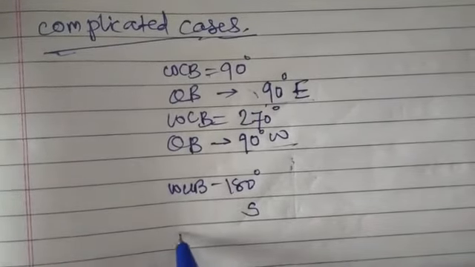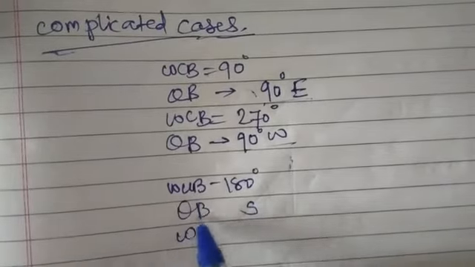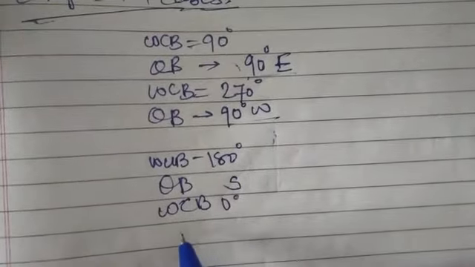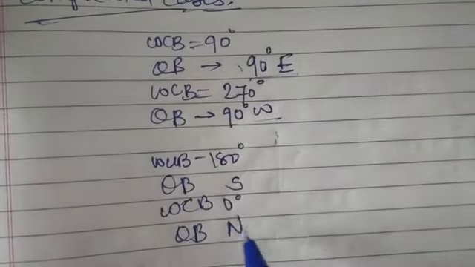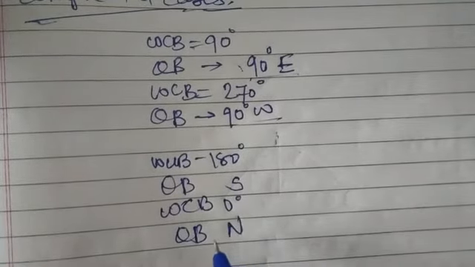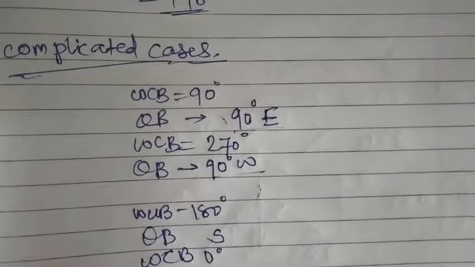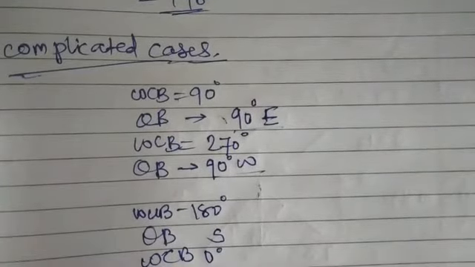For WCB being 0 degree, QB is represented as north. So this is how all the representations are done in the QB.